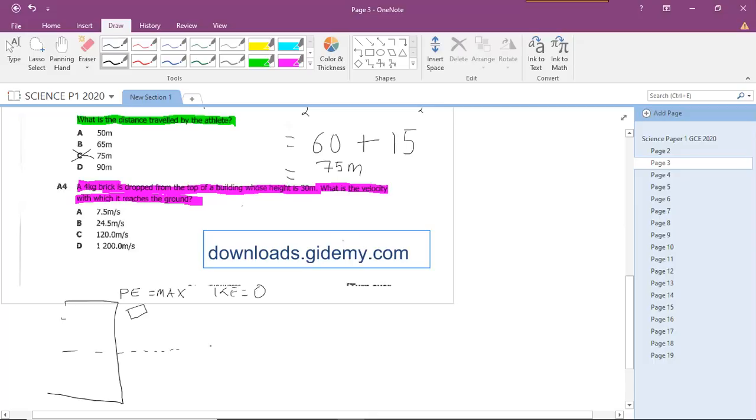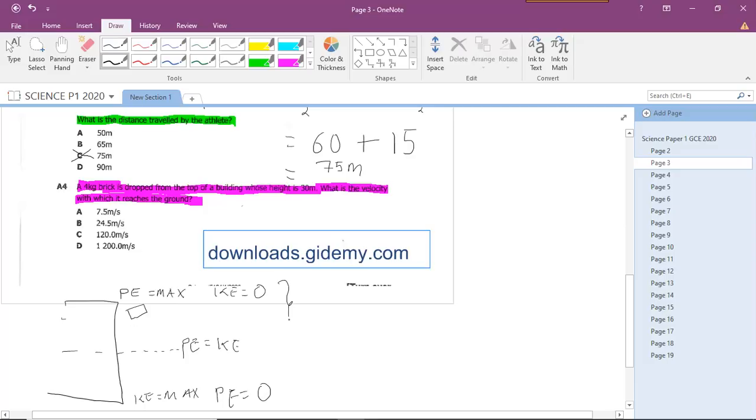When it reaches halfway, potential energy will be equal to kinetic energy. Then just before it hits the ground, kinetic energy will be at its maximum, and potential energy when it hits the ground will be zero.